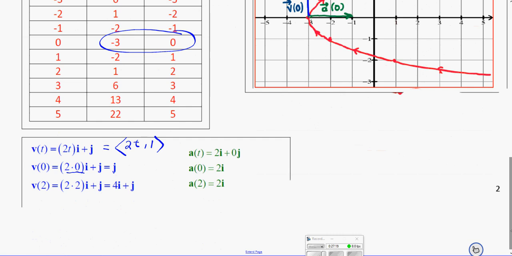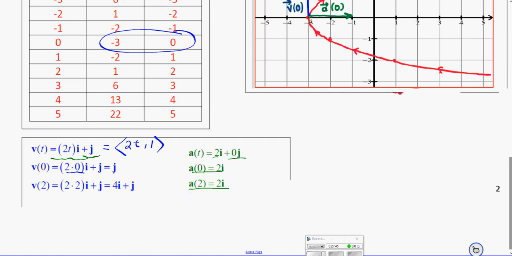Looking at the acceleration, I just have to take the derivative of the horizontal component, multiply by i, take the derivative of the vertical component, and multiply by j. So the derivative of 2t is 2. The derivative of 1j with respect to t, the derivative of 1 is 0, so that's why we've got 0j. At time 0, the acceleration is 2i.